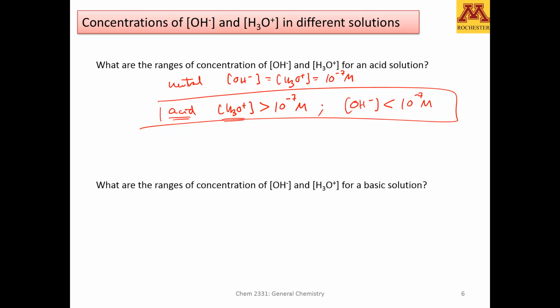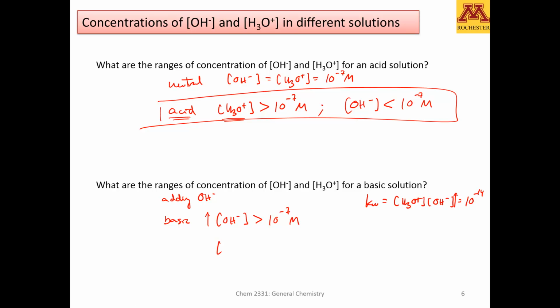Likewise, what are the ranges for a basic solution? Well, if it's basic, it means we are adding OH negative. That means the concentration of OH negative has to be larger than what was already there because of the neutral pure water. And if OH negative is increasing because we have added it, it means that H3O plus, let me write it here again, H3O plus, if one is increasing, the other one has to be decreasing, so that the whole thing is 10 to the negative 14, which is the value of the equilibrium constant.